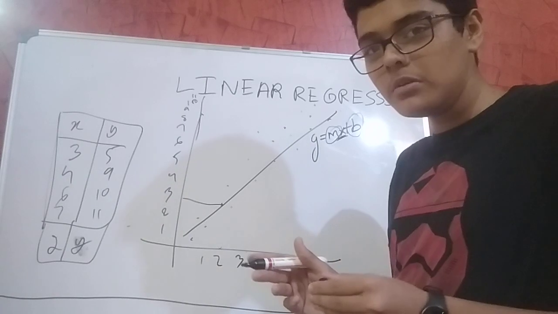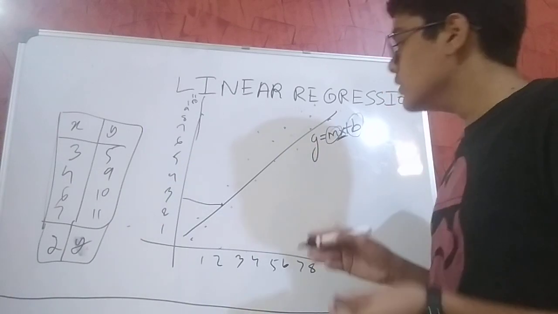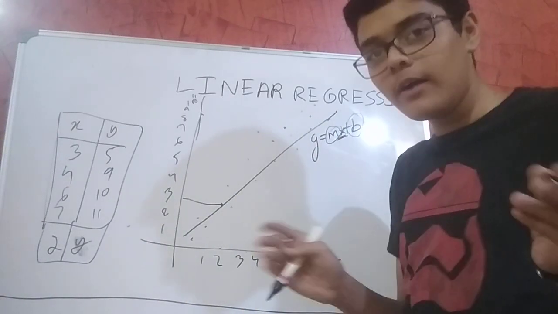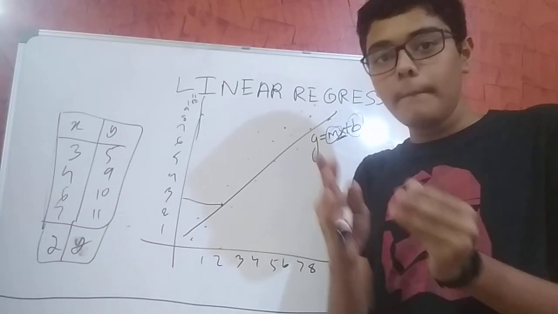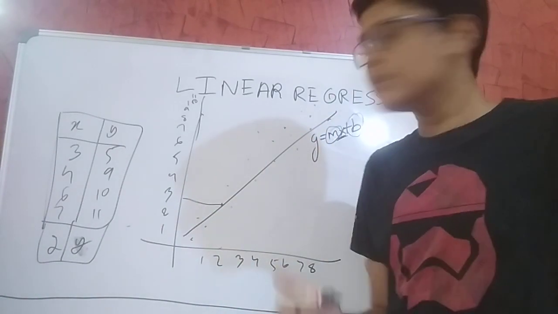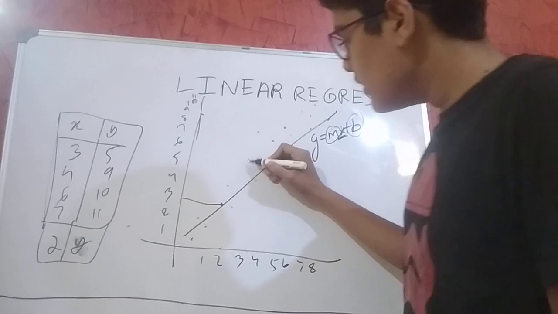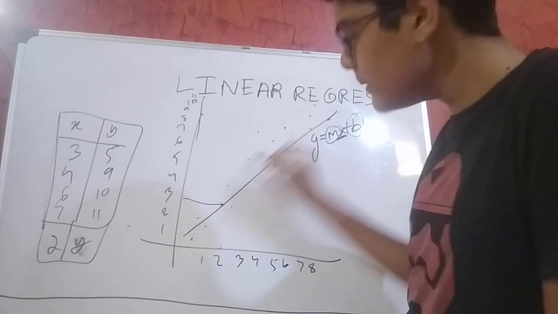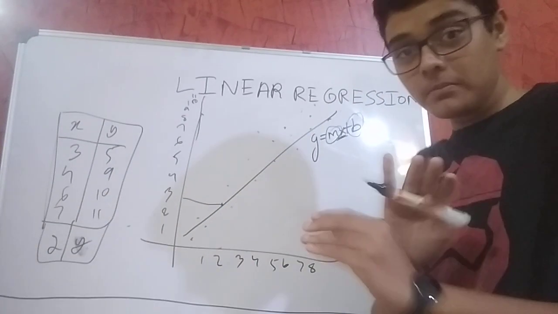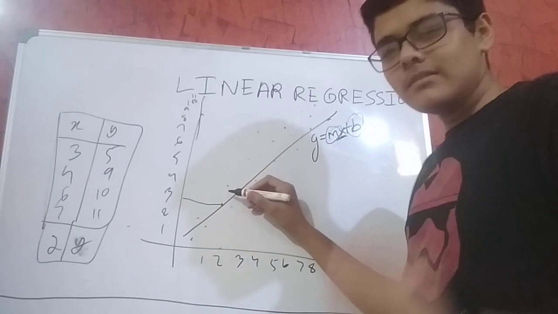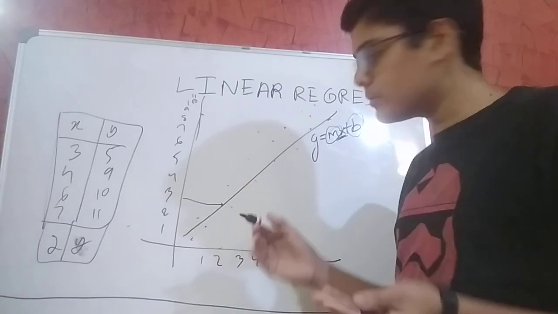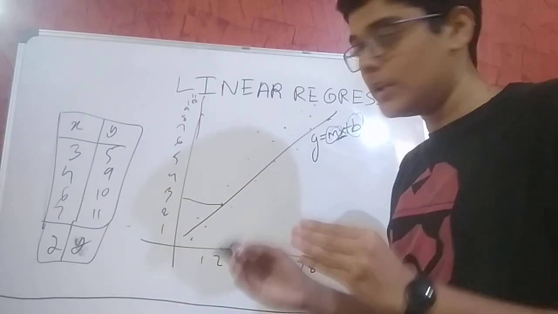So what do we need to figure out? M and B. So let's measure how good or how best fitted our line is. So our line should actually be going through all the points. That would be the best fit line. But on an average, if this is drawn, it's pretty good. So how do we measure the error or the loss?